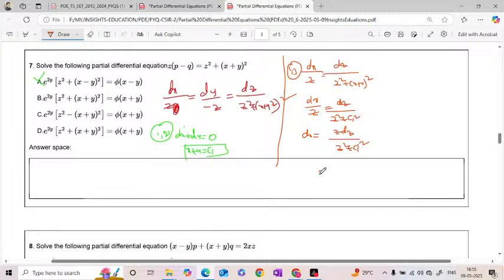By using the substitution method we can solve. So 1 by 2 log of z square plus c1 square is x plus constant. That means 2x is equal to log of z square plus x plus y whole square plus c2. Now we can eliminate the log. So e power 2x is equal to z square plus x plus y whole square plus constant.